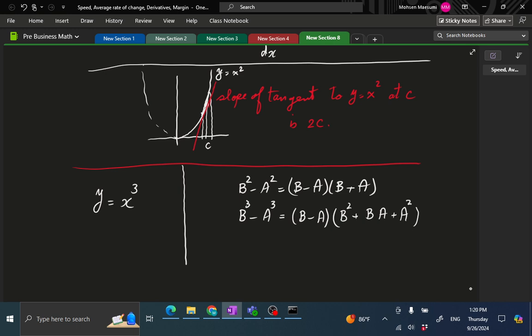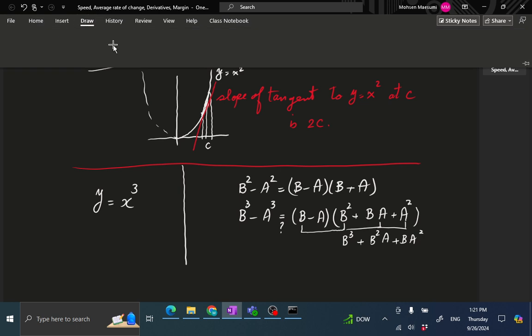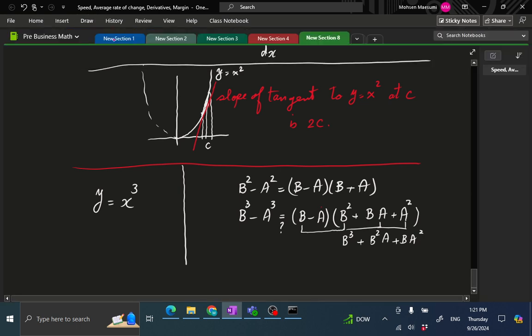Let's go ahead and check to see why this is equal to that. I take b and multiply it by each of these three items. So I'll have b cubed plus b squared a plus ba squared. So okay, I took b multiplied by all three of them. Next, I take a and multiply that by each of these three items.